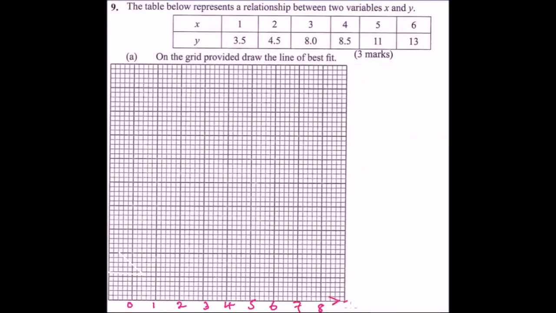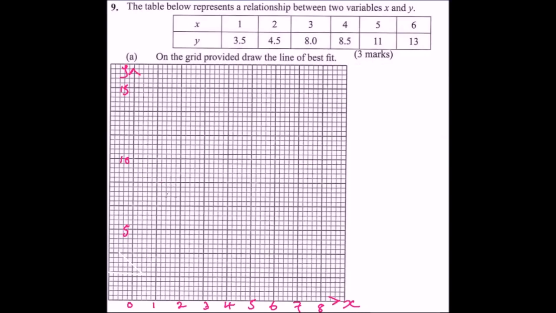So this is our x-axis. The lowest value is 3 and the highest is 13. So let's take 3 big squares to represent 5 units. So we have that is 5, then another 3 you have 10, then another 3 we have 15, and that is our y-axis. And you must label your axes.